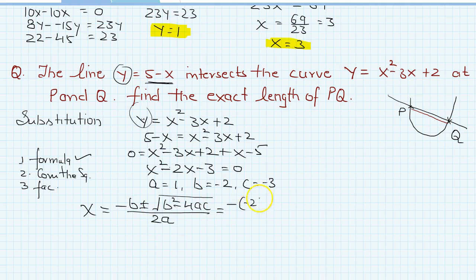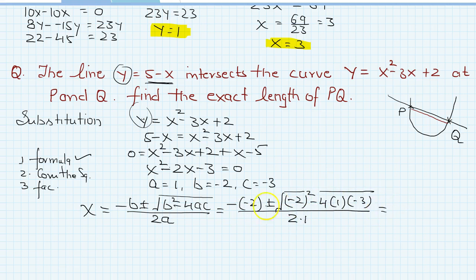Minus b is minus of minus 2, plus minus root of minus 2 square minus 4, a is 1, c is minus 3, over 2, a is 1.